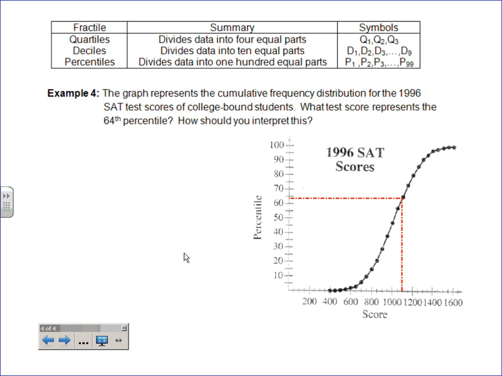Or you could say that 36% scored 1,100 or more. Because do you really know that 1,600 is a max score? No, you don't know. So you don't want to say that either. Say higher than that. You've got to be careful because maybe you don't know. Okay. So, any questions? All right.